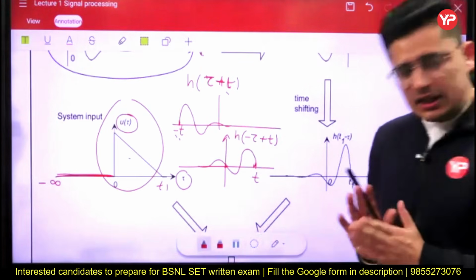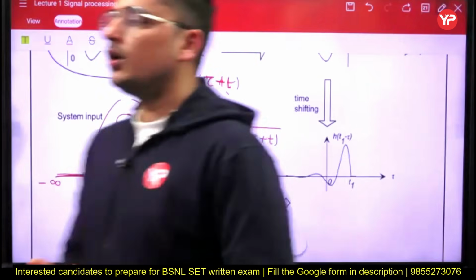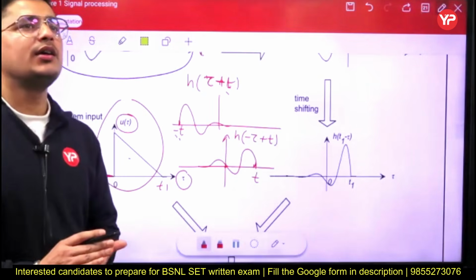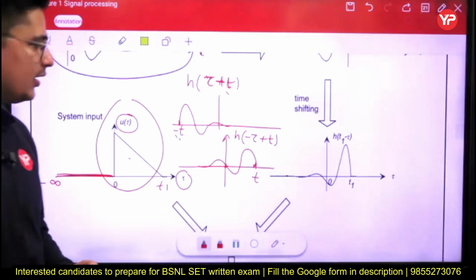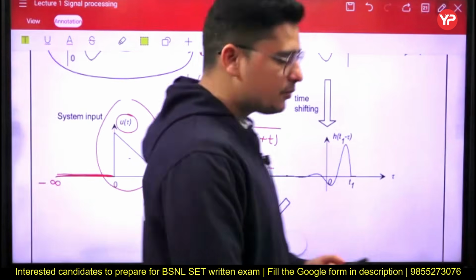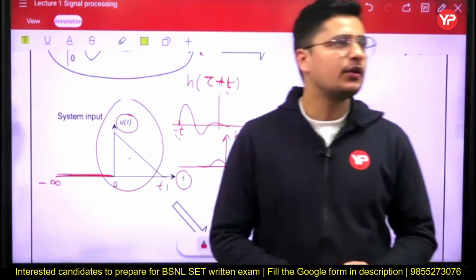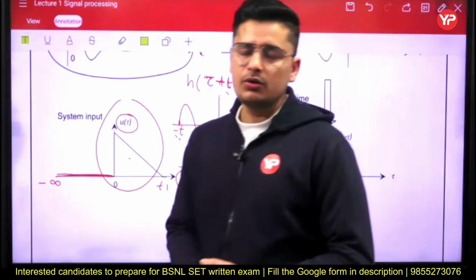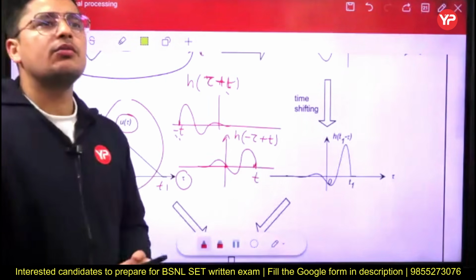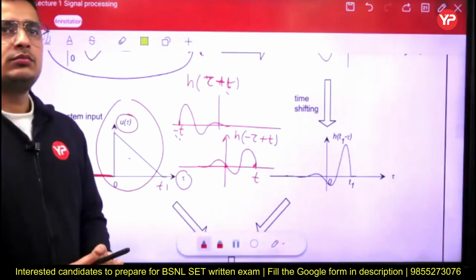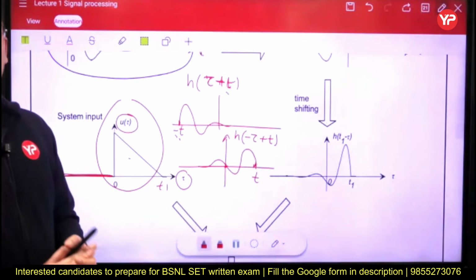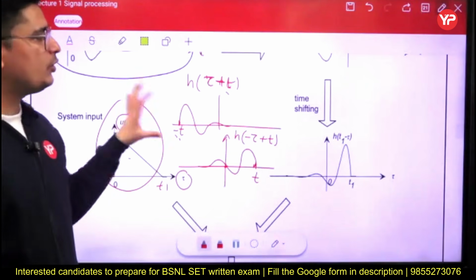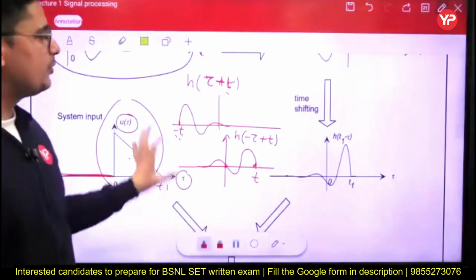He will not ask you to find the convolution of two given signals. In this exam, he only wants you to know what convolution is and how it is performed. Everyone understood that? So no need to go in depth.